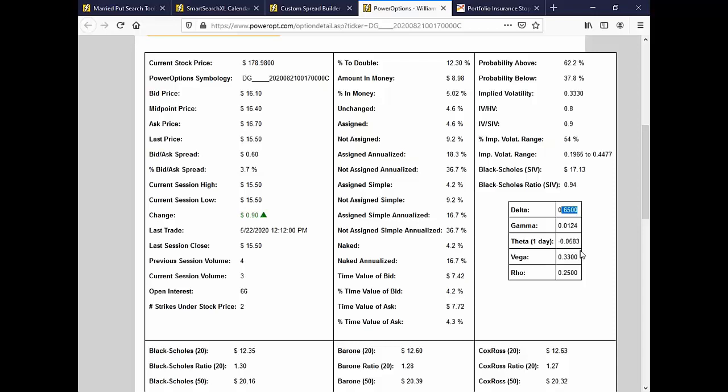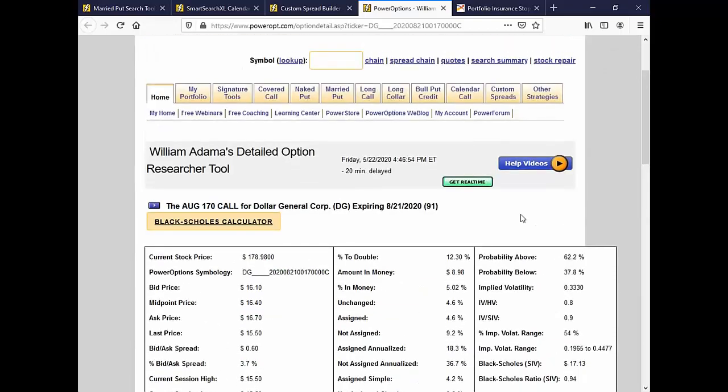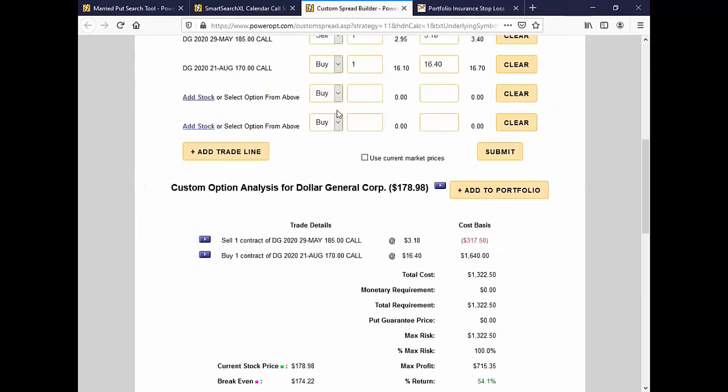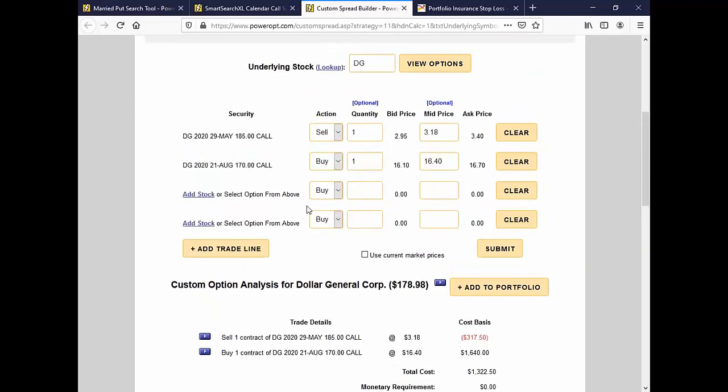Whether because the net debit was greater than the difference in strike prices, which I was filtering out for, or whether because the in-the-money options didn't give me the implied volatility ratio I wanted of greater than 1. Whatever reason, they were filtered out, and we only saw those two positions, the Dollar General position and the other one that we were looking at as well.